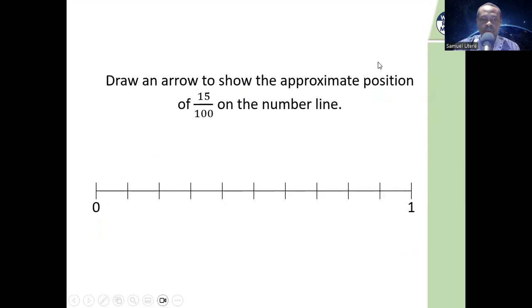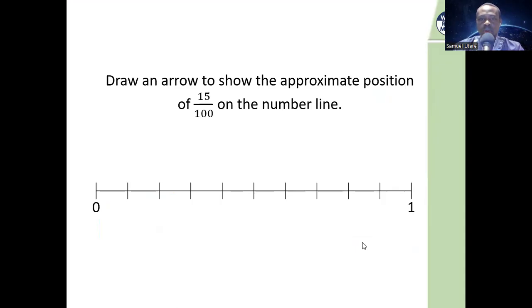What about this one? If you're asked to draw an arrow to show the approximate position of 15/100ths on the number line, how would you do this? Well, we know that the difference between 0 and 1 is 1, and we have 10 intervals between them. So 1 divided by 10 is equal to 0.1 or 1/10.